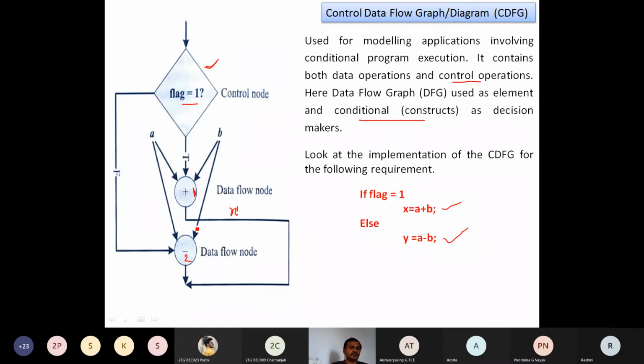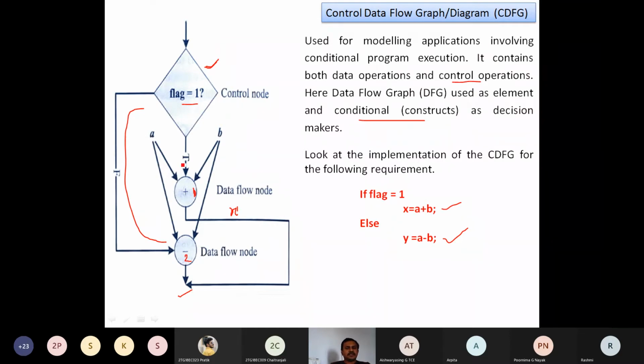Once the process is over, it moves towards the end of the processing. If this condition fails, meaning flag is not equal to 1, then the fail statement will be executed through this arrow mark. So this arrow mark represents the processing to be done. What is the process? Once again, a minus b.